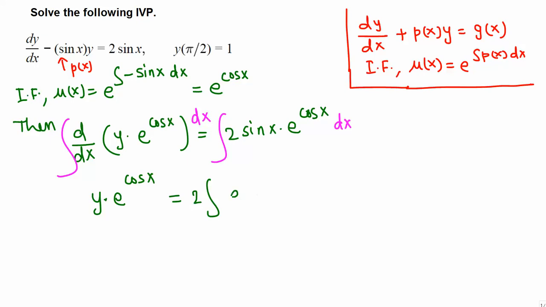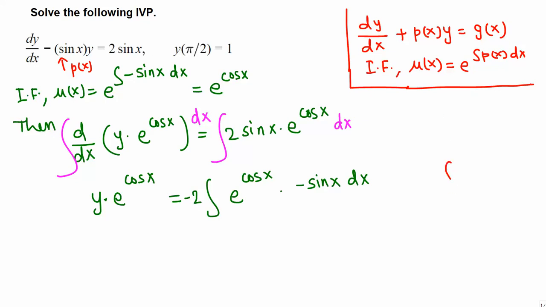So let's write e raised to cosine x first, and if cosine x is u, then the derivative of cosine x is negative sine x dx. Okay, so sine x dx is here, negative is missing. So to counter this negative one, we multiply by another negative outside. So this is in fact e raised to u du.